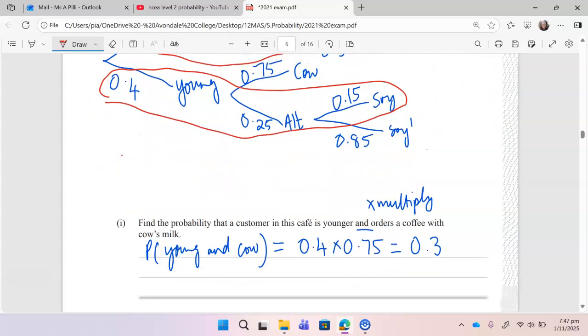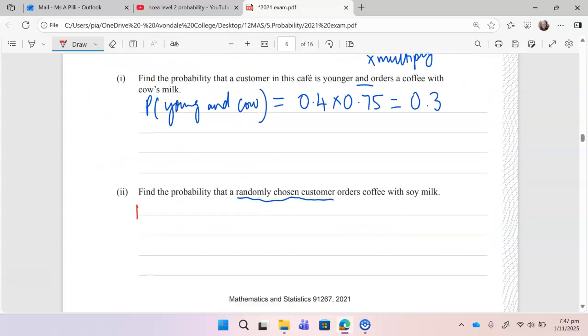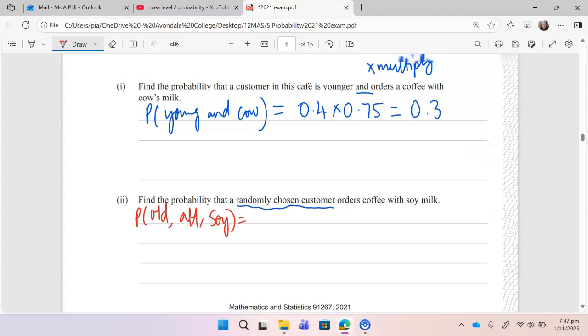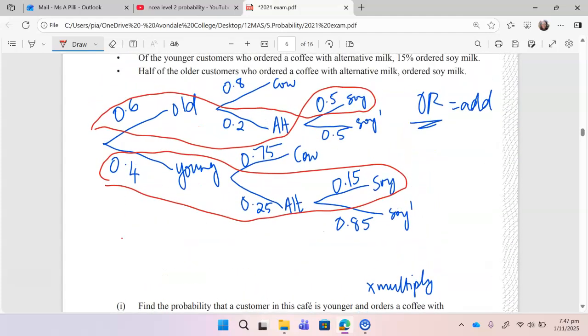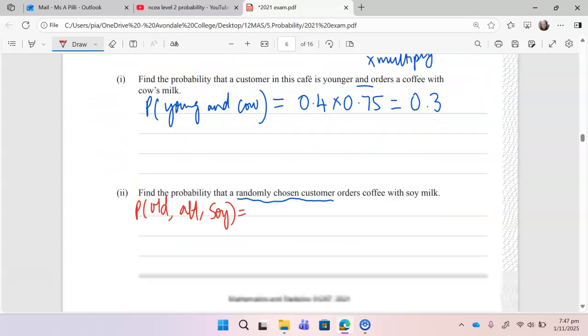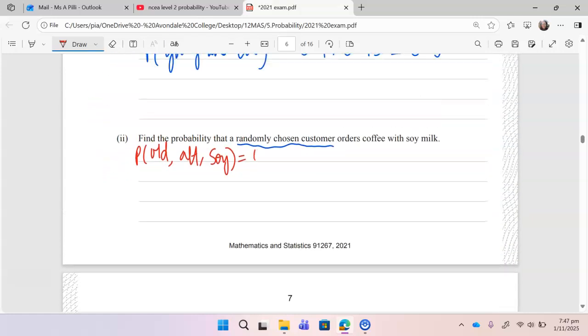So old, alternate, and soy is 0.6 times 0.2 times 0.5.